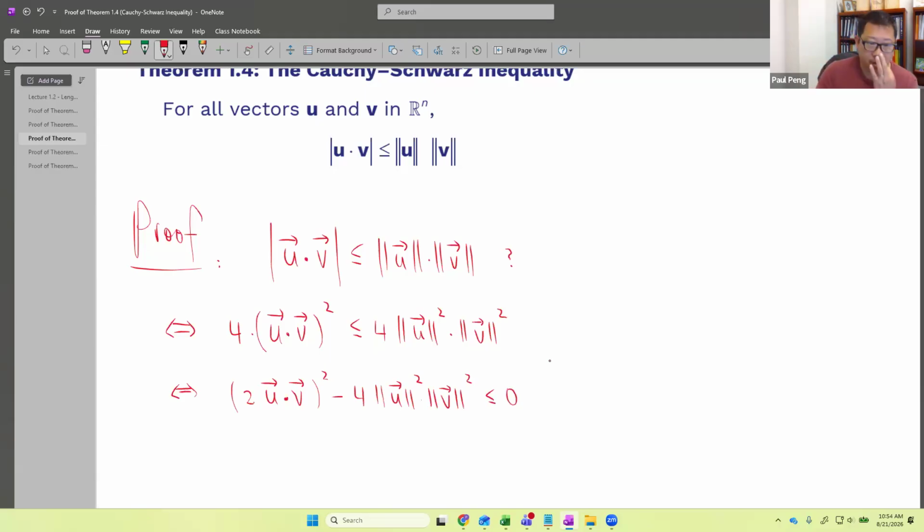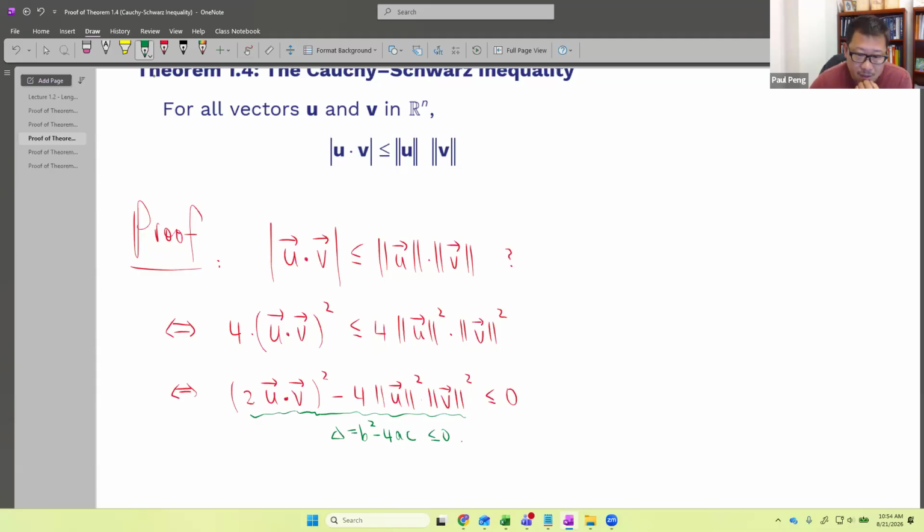Wow, they are the same. So this is b squared minus 4ac, and this is less than or equal to 0.